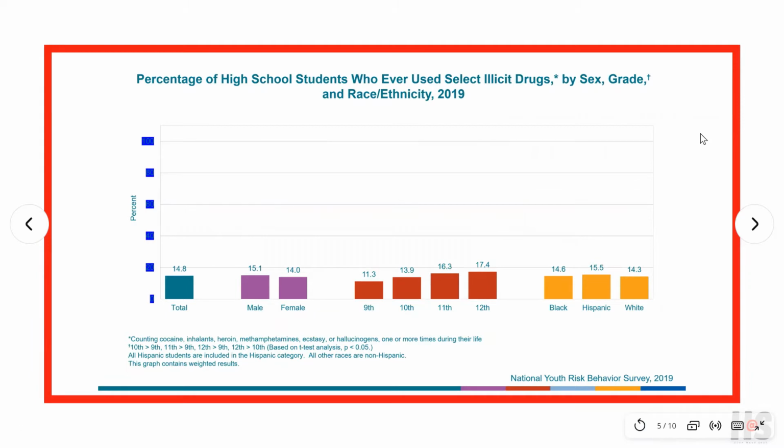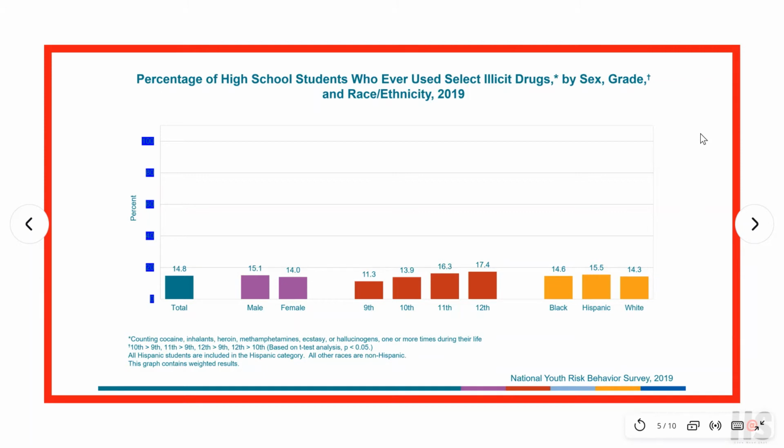I like to show students the most recent data from the YRBS and then ask them to flip it on its head. In this slide, you see that the percentage of high school students who have ever used illicit drugs is 14.8%. This includes the use of cocaine, inhalants, heroin, methamphetamines, ecstasy, or hallucinogens.